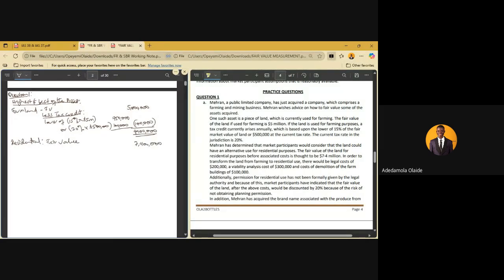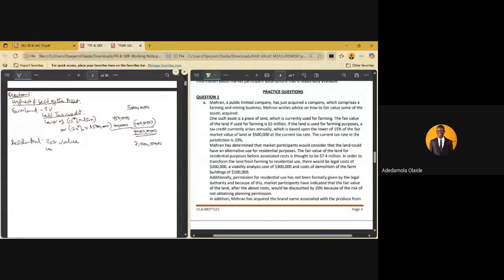Then they said they will need to transform the land from farming to residential use, and for that there will be legal costs, viability analysis cost, and cost of demolition. But the planning permission is yet to be received. So they said market participants indicated that the fair value of the land is after the above cost.